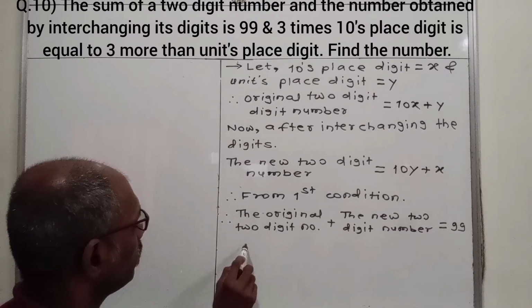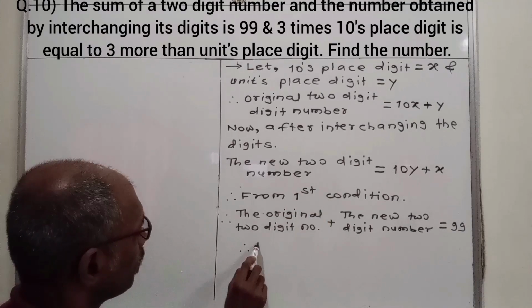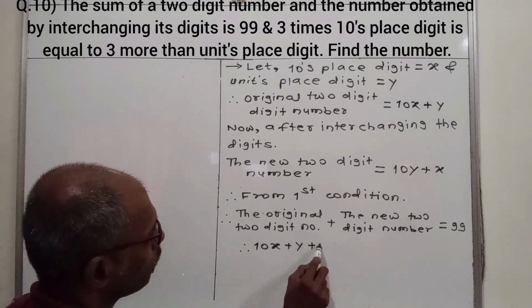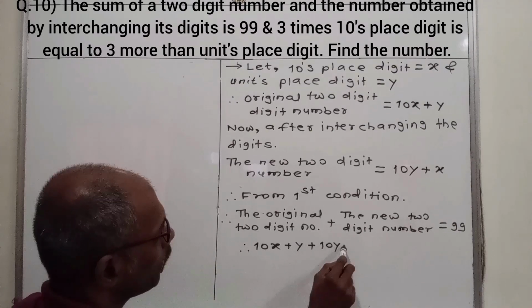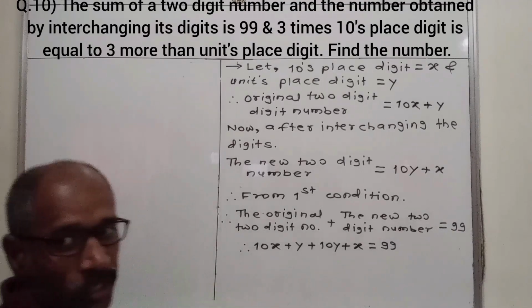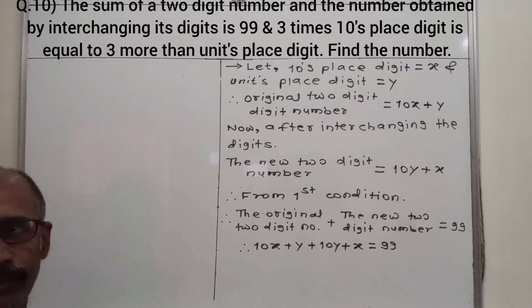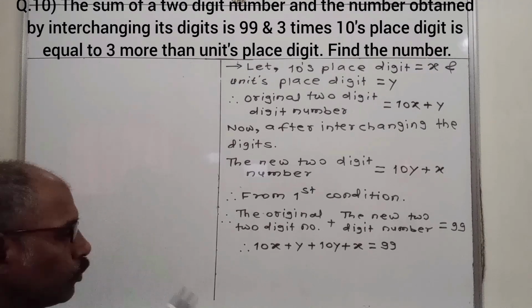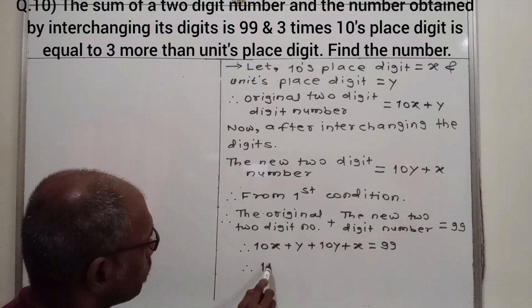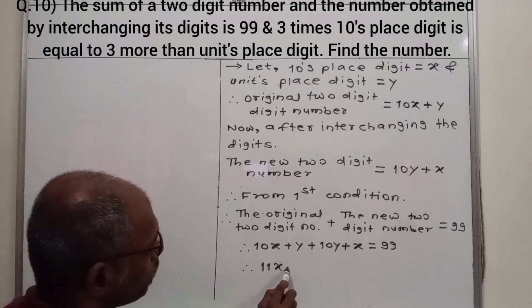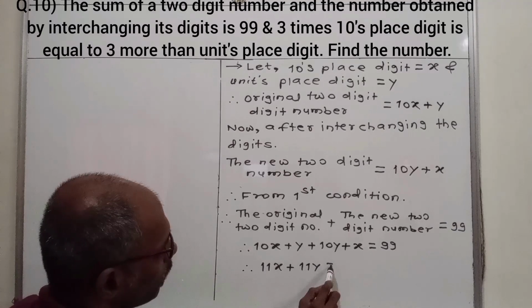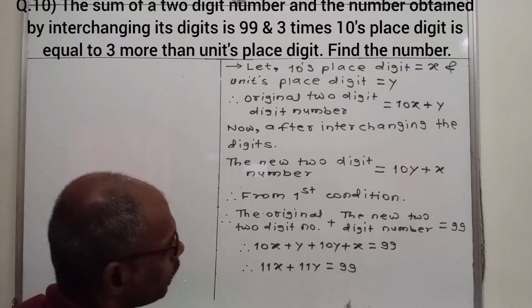Sum is 99. Therefore, 10x plus y plus 10y plus x is equal to 99. Did you get it? Now 10x plus x, 11x plus y plus 10y, 11y is equal to 99.